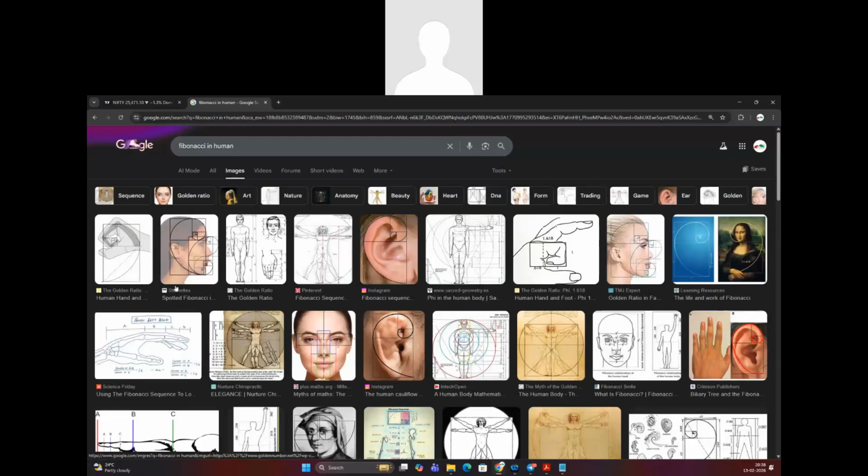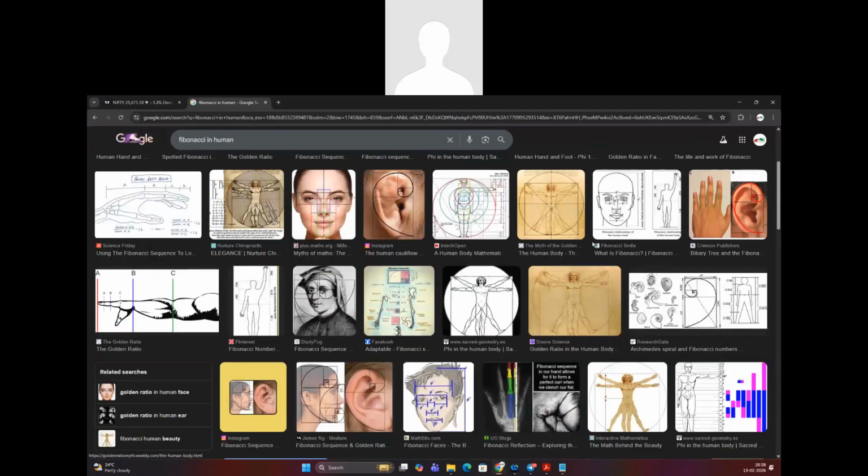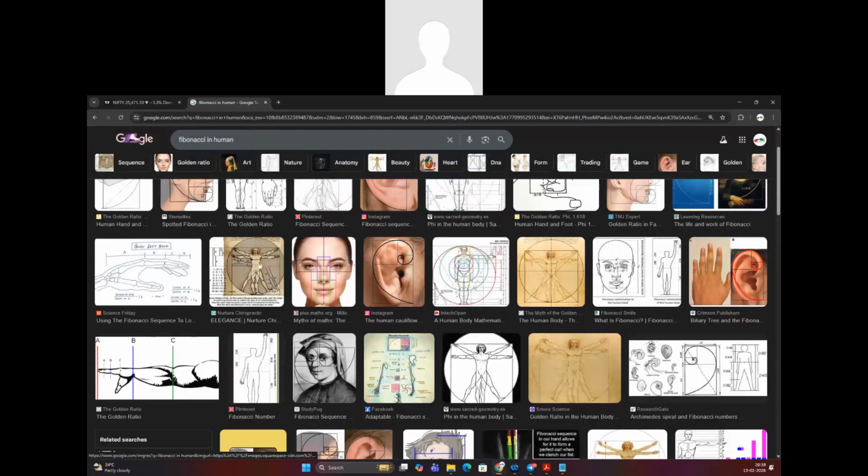So the face completely looks like Fibonacci. See our ears, Fibonacci. See this finger, if you fold it. The Mona Lisa painting is compared with Fibonacci. So that's the reason it's so famous. Okay. See, the human body is compared with Fibonacci.